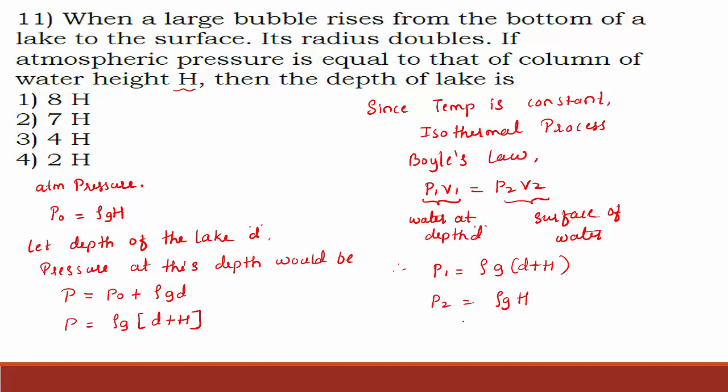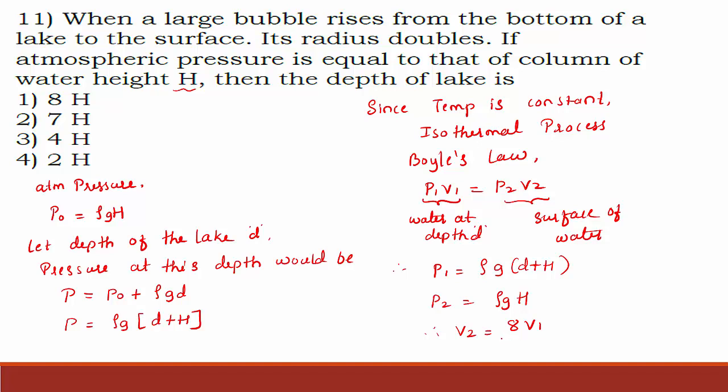Substituting these values in the equation P1 V1 equal to P2 V2, directly I can write the final answer V2 equal to 8 times V1. The radius is doubled, so volume becomes 8 times.